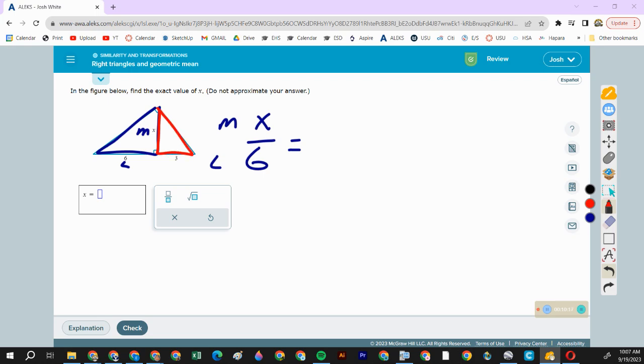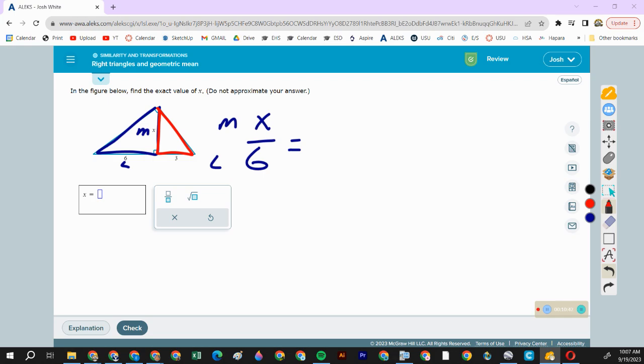Do we know middle and long of that triangle? We have middle and short. So that doesn't line up. But I could use that. Oh, I couldn't actually. Excuse me. So that one's not going to work.